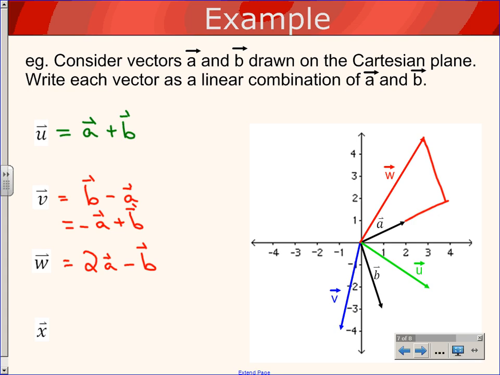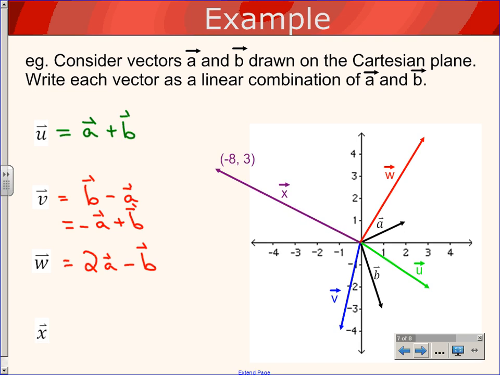Now, my guess is as you were looking at that, you weren't able to see that right away. Usually you can get it after a few minutes. You can kind of look at it and work your way through it. So it's possible. But it certainly becomes a more difficult problem than finding u and v.